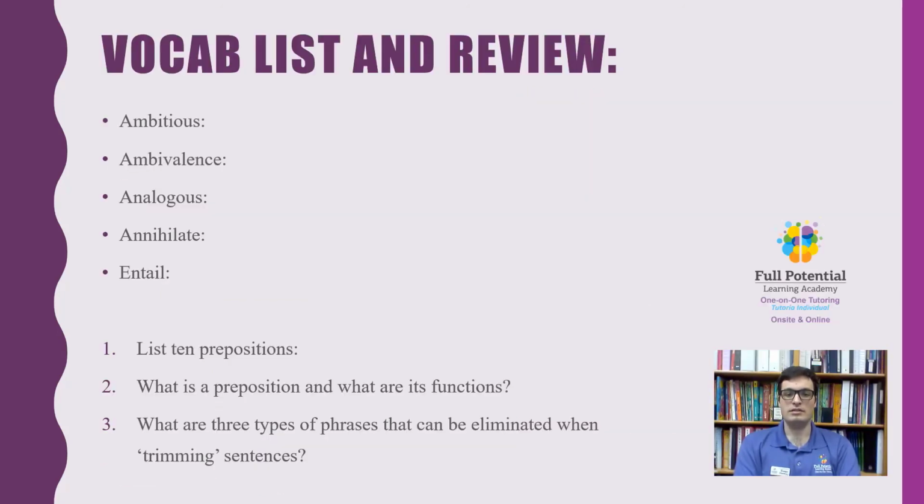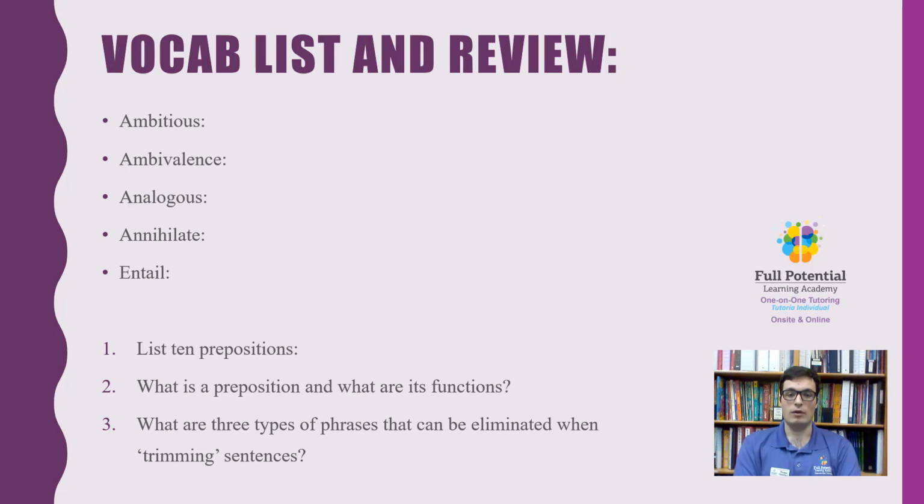Before we conclude today's lecture, let us go over the review and vocabulary list you'll need to do for homework. We have 5 words below: ambitious, ambivalence, analogous, annihilate, and entail. Please write these down and review them on your own and define them on your own for the quiz next time.